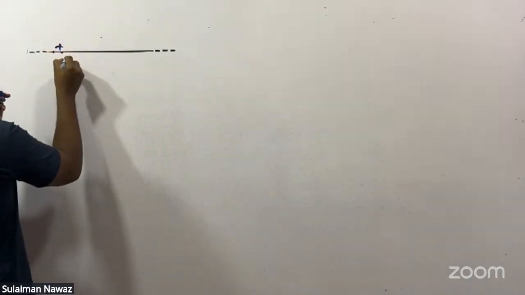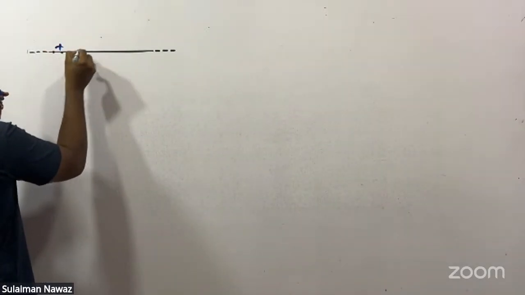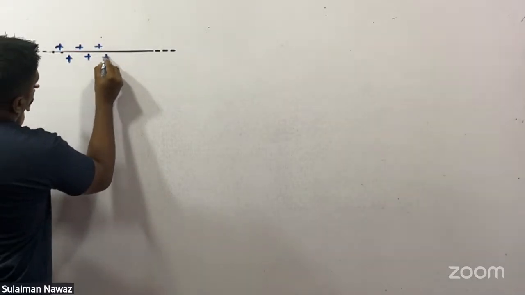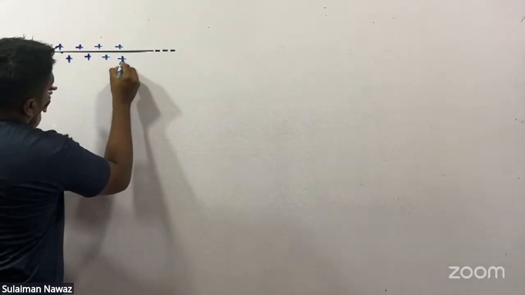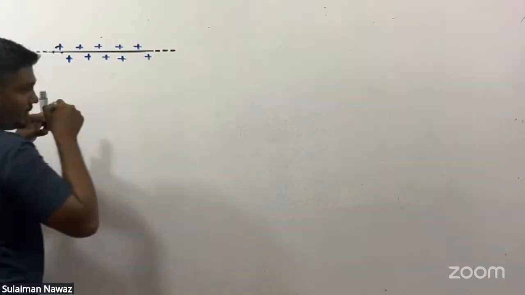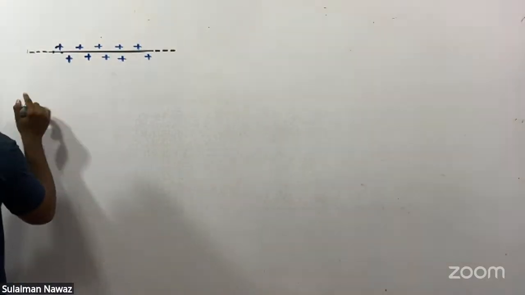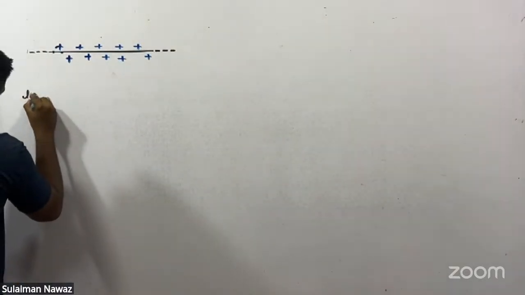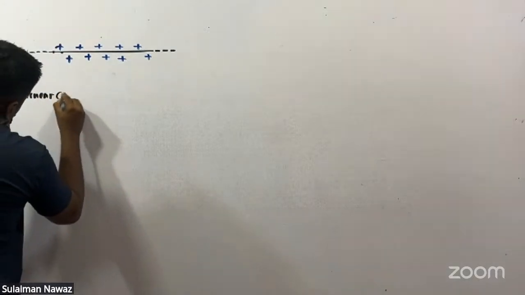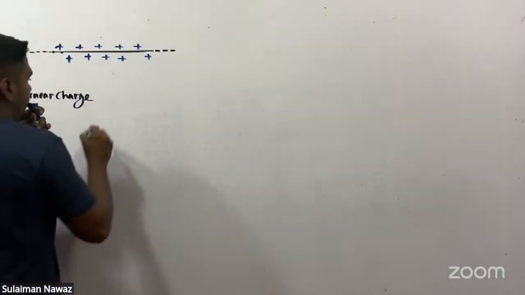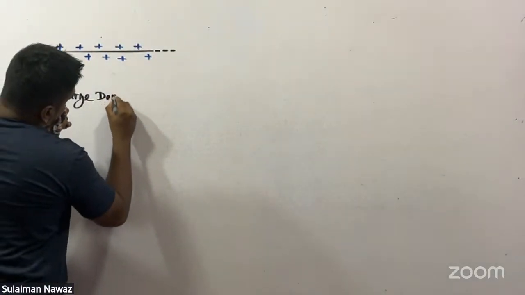Given data: the linear charge density of this wire is lambda.